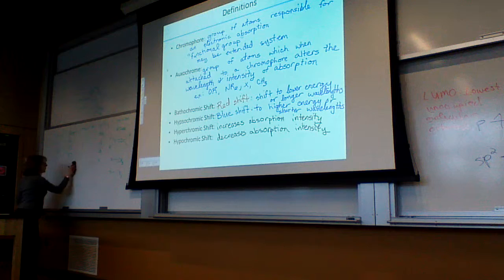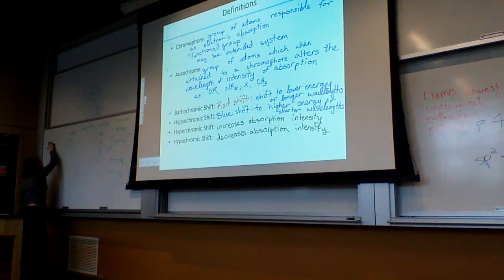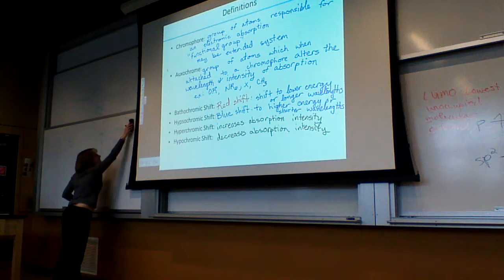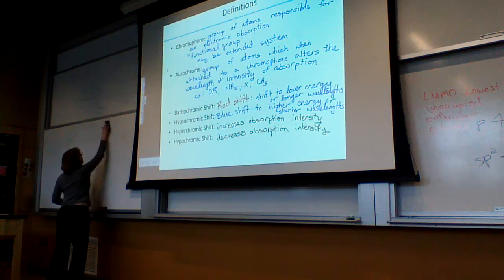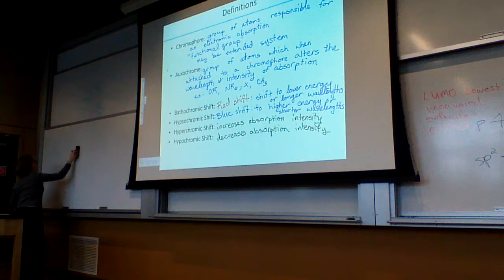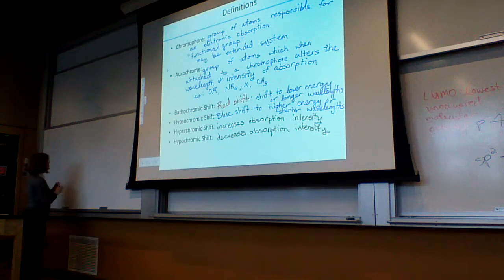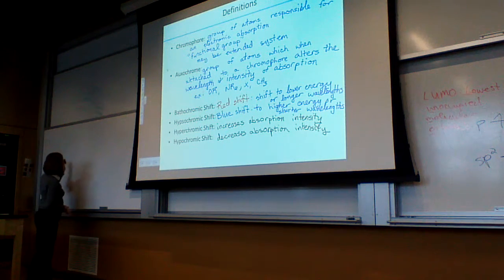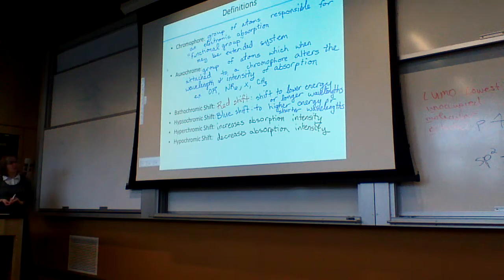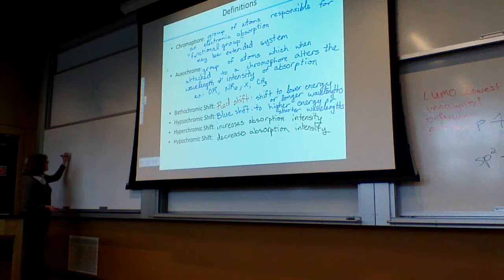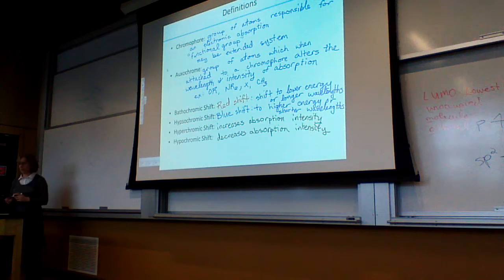So, this can be represented graphically. Again, if this was our UV-vis spectrum, here's our absorbance, here's our lambda, or our wavelength, and let's say this is our typical UV-vis spectrum.